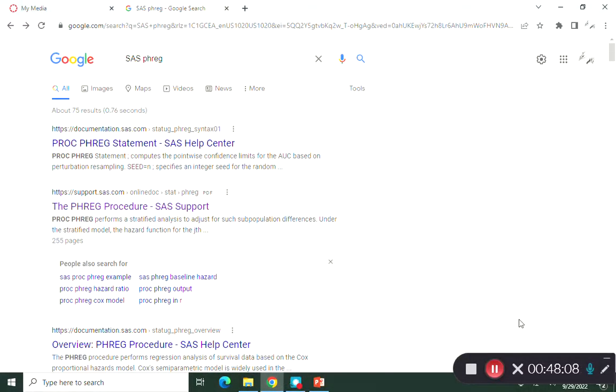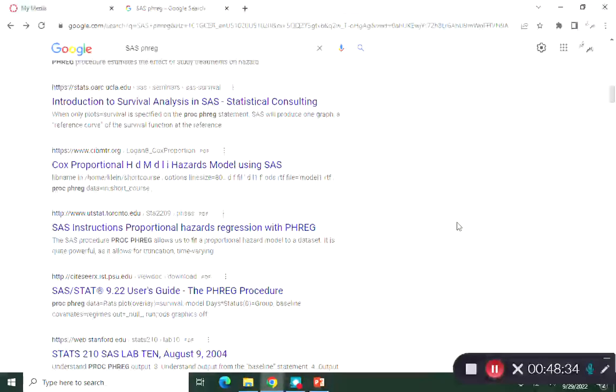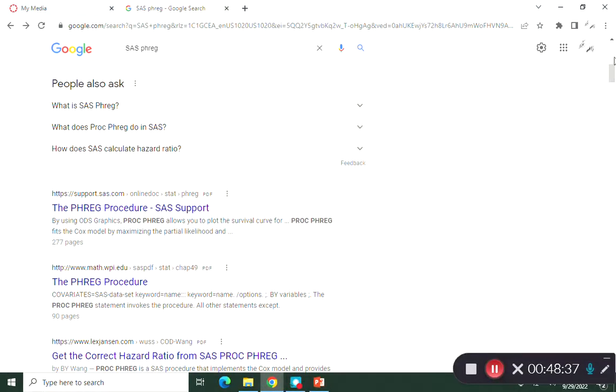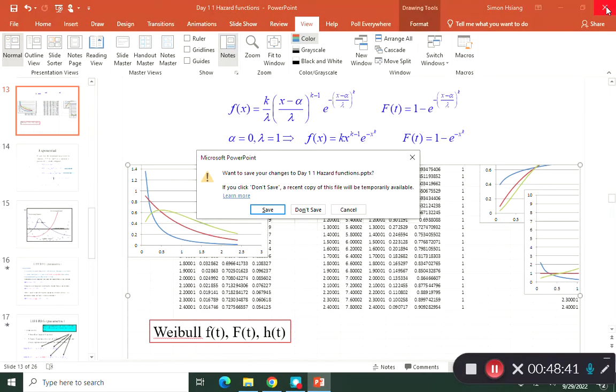So I need you to download PHREG, because PHREG is called a semi-parametric technique. Semi means it's not purely parametric, it's not purely non-parametric, it's somewhere in between. Download those three procedures, and if you don't do that within 2 weeks, you're going to pay the price, because we're going to use a lot of SAS. So far so good?